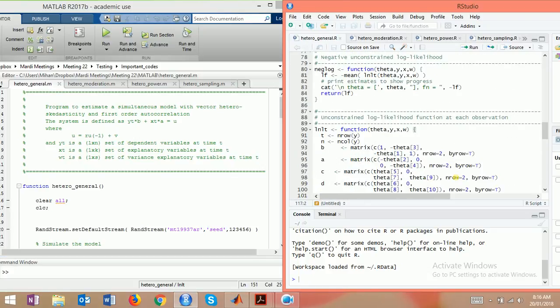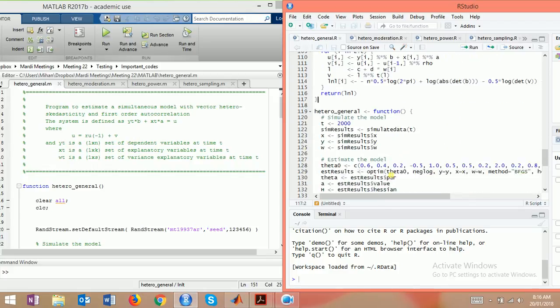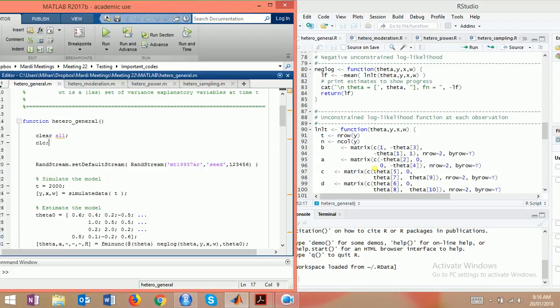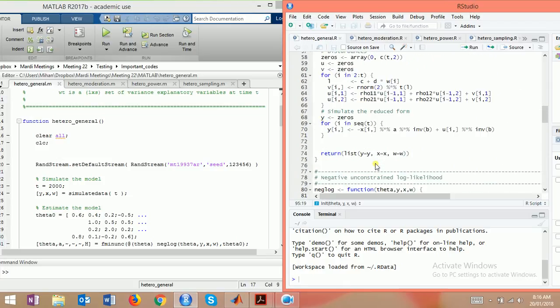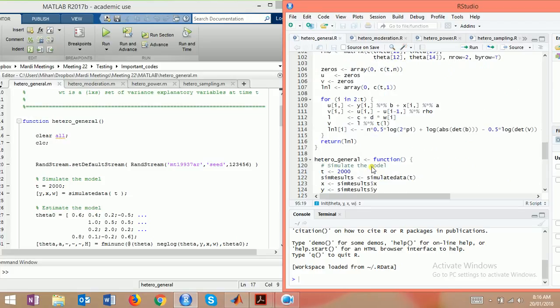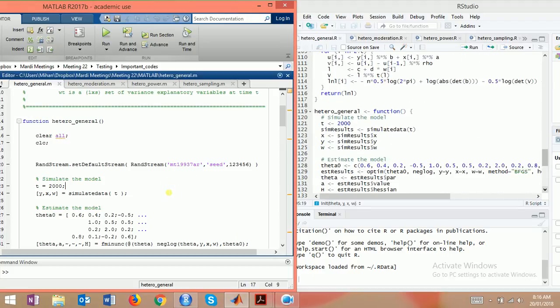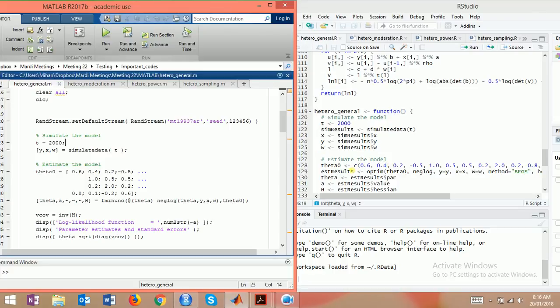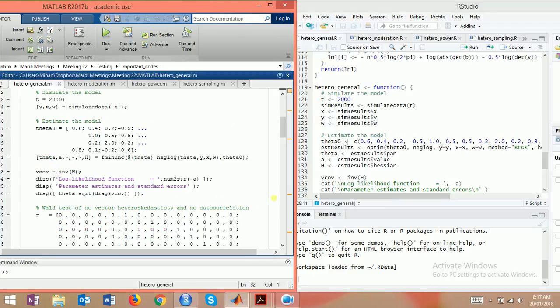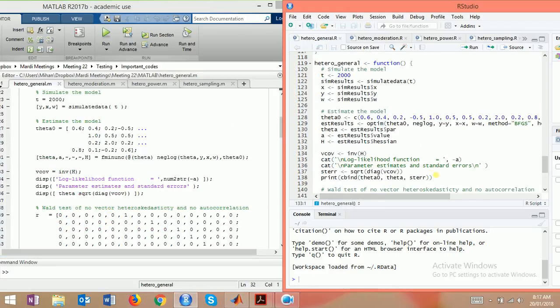So doing the problem is simply: simulate the model, call the simulated model, bring in the simulated results, introduce the initial parameters, then do the optimization, do the variance covariance, then the standard errors are adjusted, then comes the Wald test.